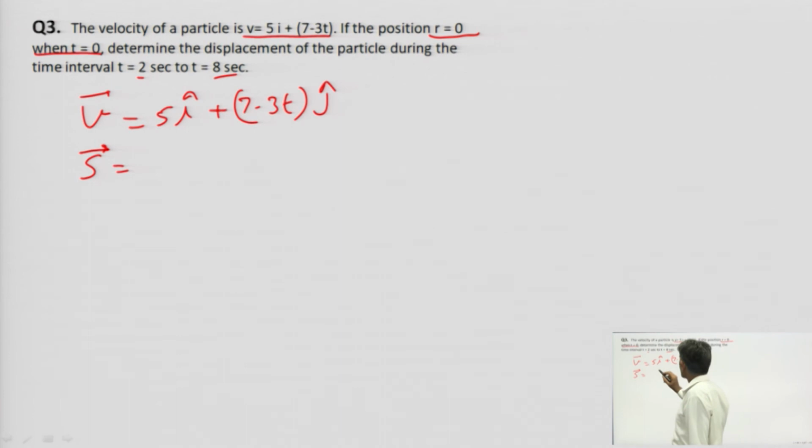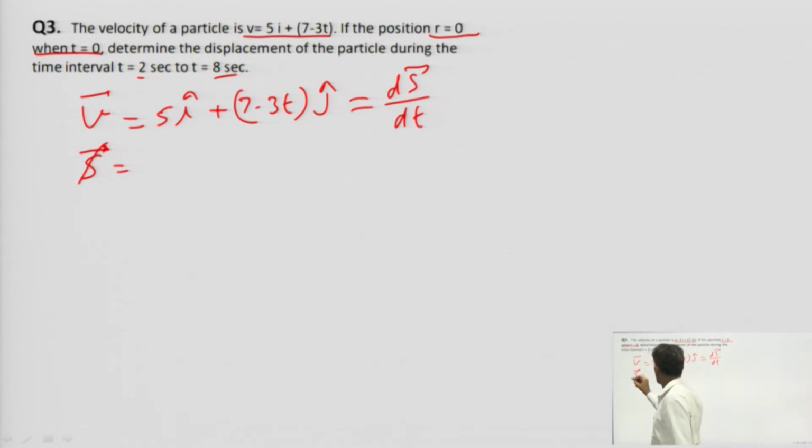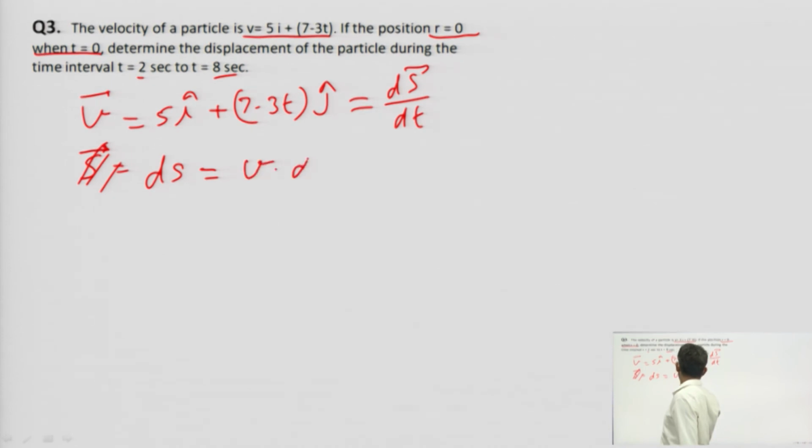V is equal to ds by dt, so ds is equal to V into dt.